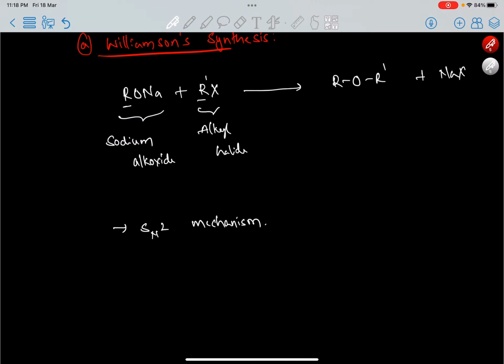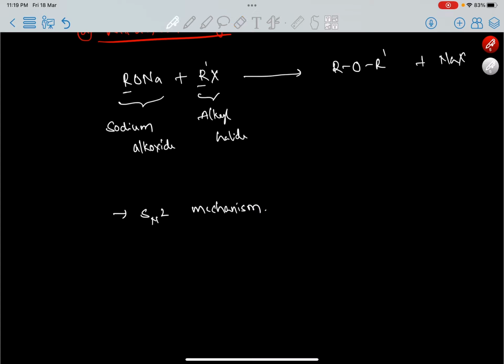We have also seen that in SN2 reactions, among primary, secondary, and tertiary, primary alkyl halide undergoes the fastest reaction, followed by secondary, then tertiary. So always remember, in the SN2 mechanism, primary alkyl halides will undergo fast reaction.